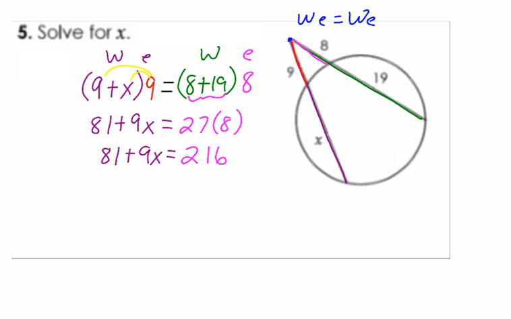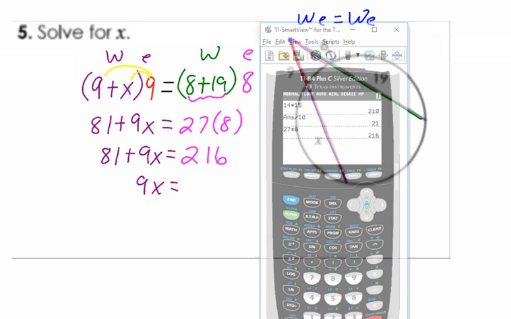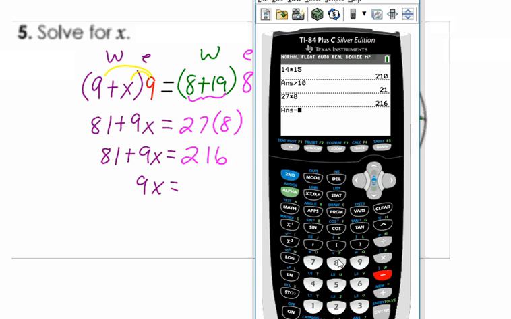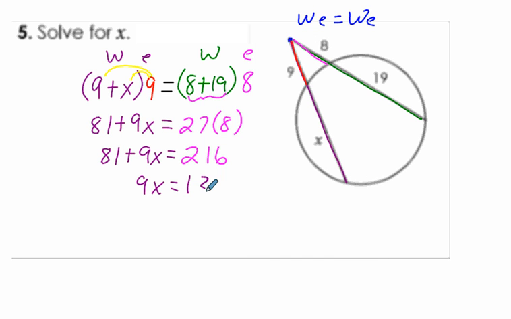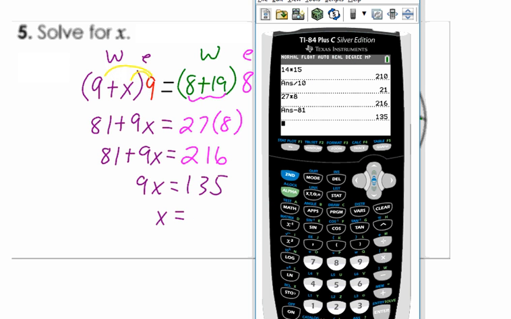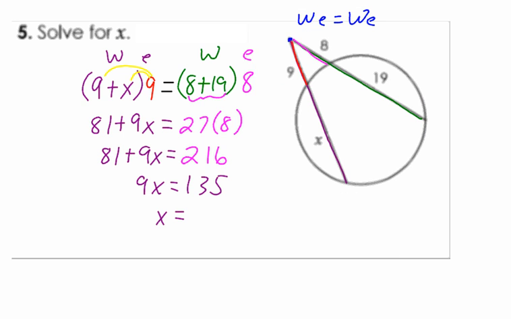So we're going to subtract the 81 from both sides, and we'll end up with 216 minus 81 is 135. Then we're going to divide both sides by 9. And we end up with 135 divided by 9 is equal to 15. So we get x is equal to 15. And that would be our solution here.